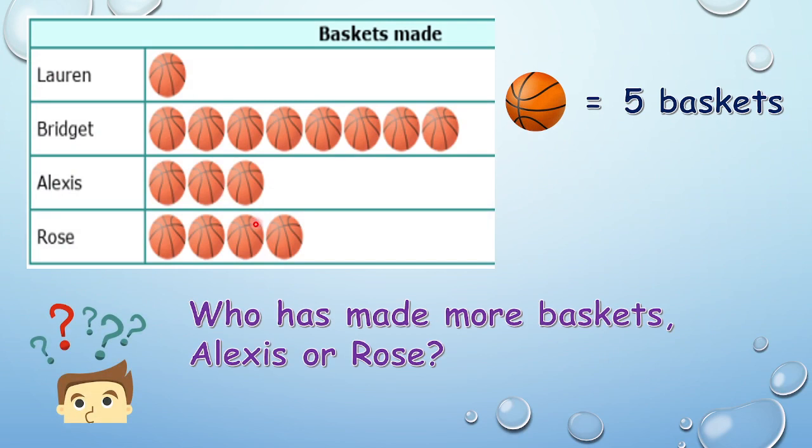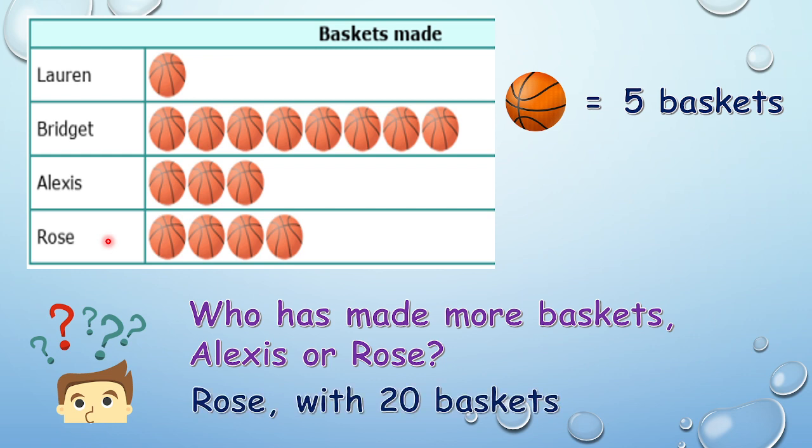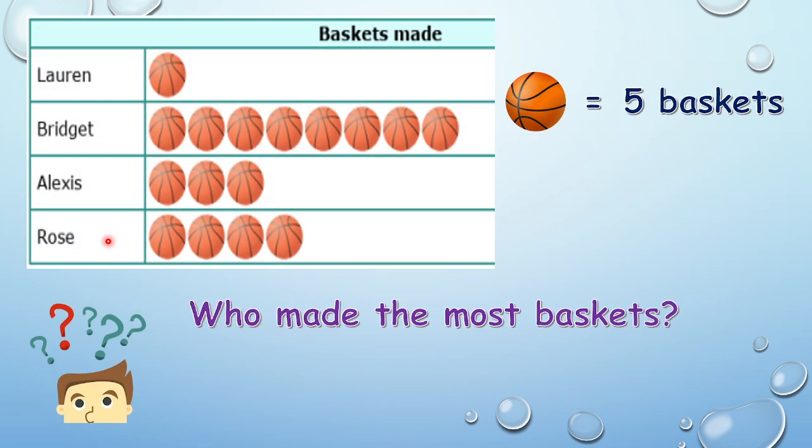Next, who has made more baskets, Alexis or Rose? Rose. Rose got 20 baskets, and Alexis only has 15. Next, who made the most baskets?